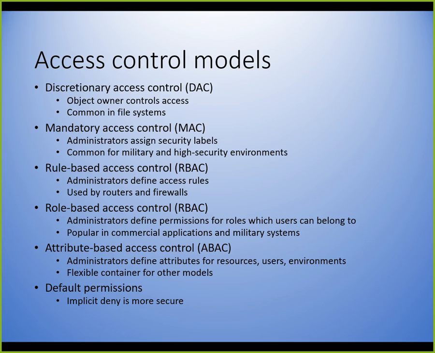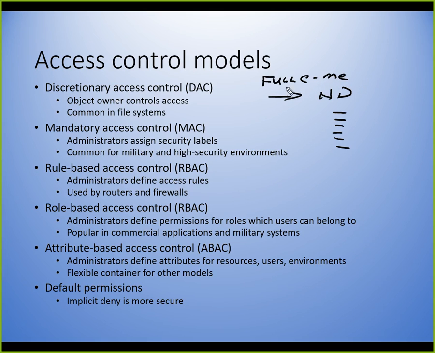There are a number of, and I've got a slide that hopefully will show that a little bit better. And then the default permissions, the implicit deny is more secure. Here we have that implicit business again. What does that mean? It means that I have a home directory with a bunch of files in it, and I get explicit full control to me.